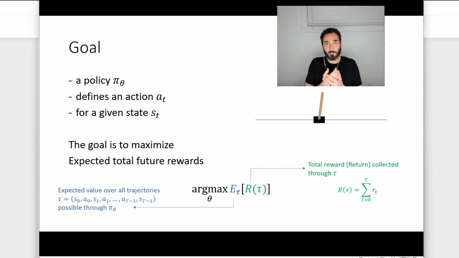In this example that we have over here, the agent is defined by a neural network that will change the location of a cart, and the cart is trying to balance a pole. So the longer it can balance the pole, the more reward we can collect. So the goal in this case is to come up with a neural network that learns after applying some actions to the environment. It will learn after a while how to balance the pole the longest possible.